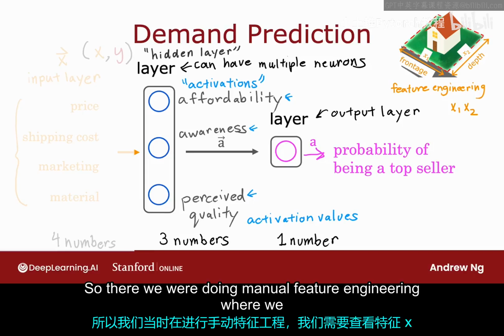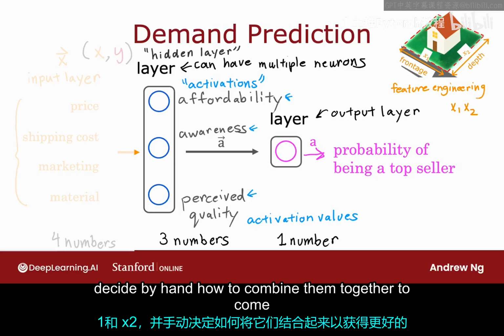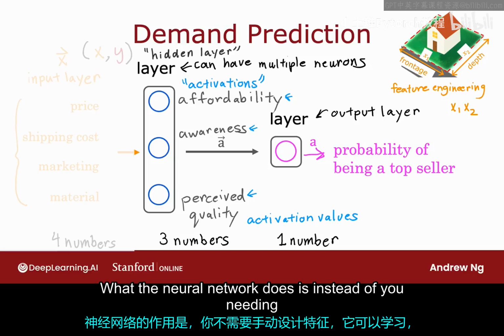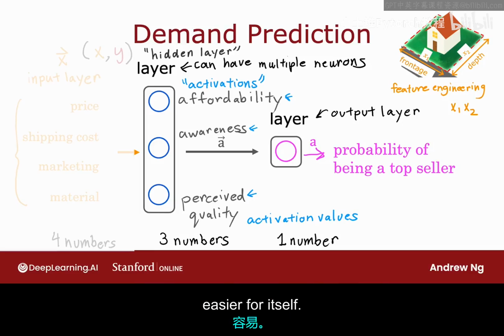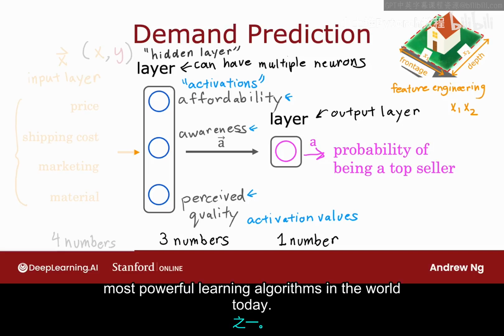So there we were doing manual feature engineering, where we had to look at the features x1 and x2 and decide by hand how to combine them together to come up with better features. What a neural network does is, instead of you needing to manually engineer the features, it can learn, as you see later, its own features to make the learning problem easier for itself. So this is what makes neural networks one of the most powerful learning algorithms in the world today.